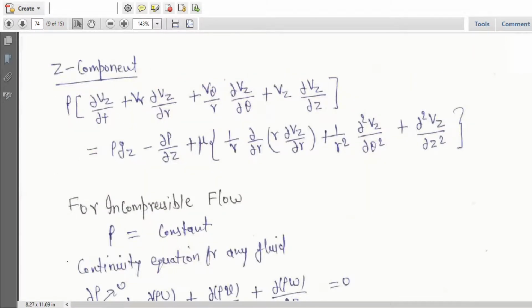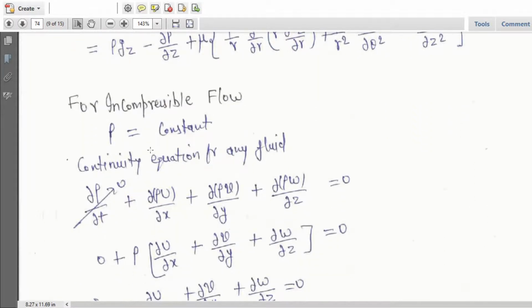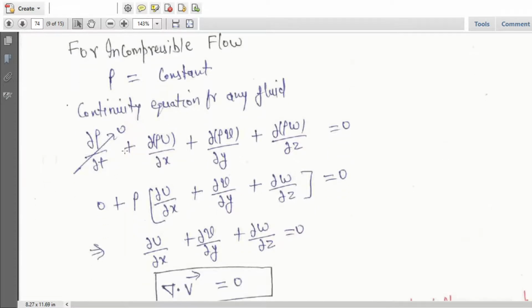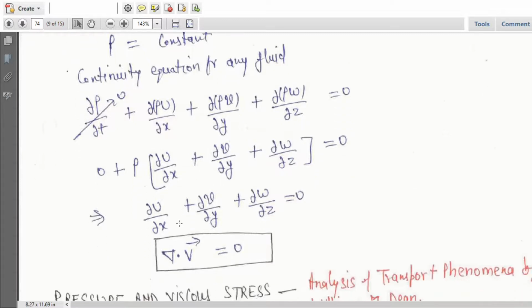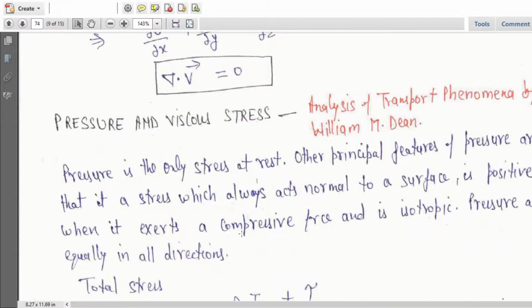Then we have the z component here. Now this is how we can say that del dot v equal to 0 for incompressible fluid. So you have incompressible fluid, this term is 0, take the density common here, you will get del dot v. So we can calculate how to get the sigma value here.